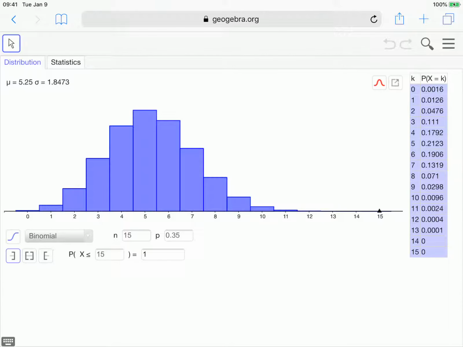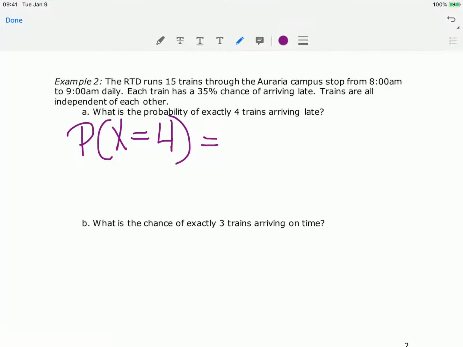Oops. There we go. I'm going to look at x equals 4, which is k equals 4, which is 0.1792. So the probability that exactly 4 trains are late is 0.1792.